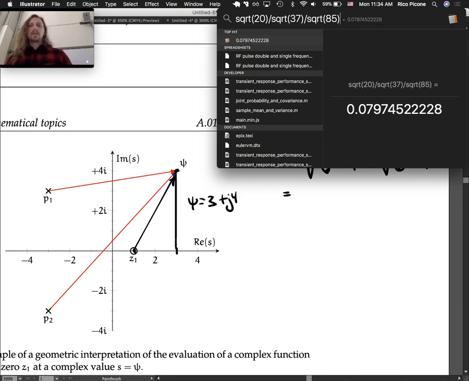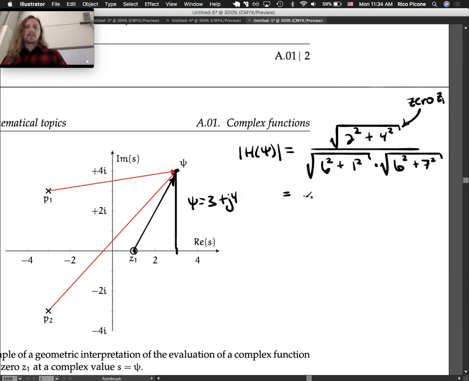So 0.0797. It makes sense that this is going to be relatively small, right? Because the poles are relatively long compared to that zero length. Relatively small, especially because we're taking the product of these two in the denominator. So that makes sense.